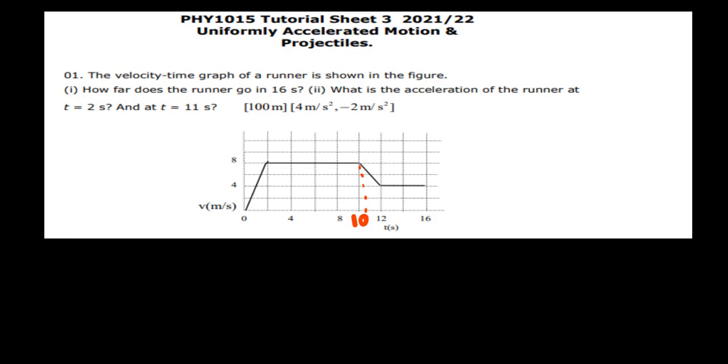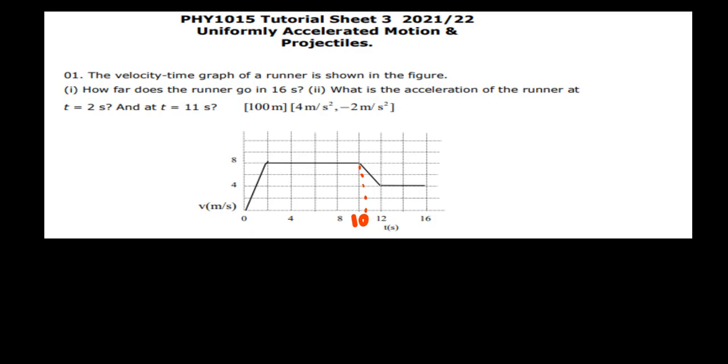So how are we now going to do that? We have to find the slope, because this 11 is on a slope. So we have to find the acceleration around that slope, okay.